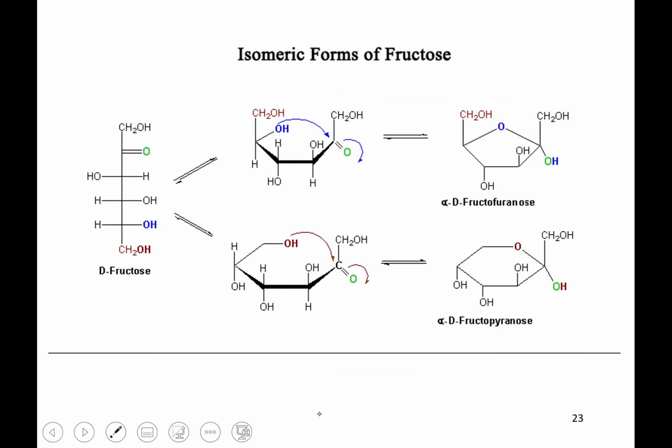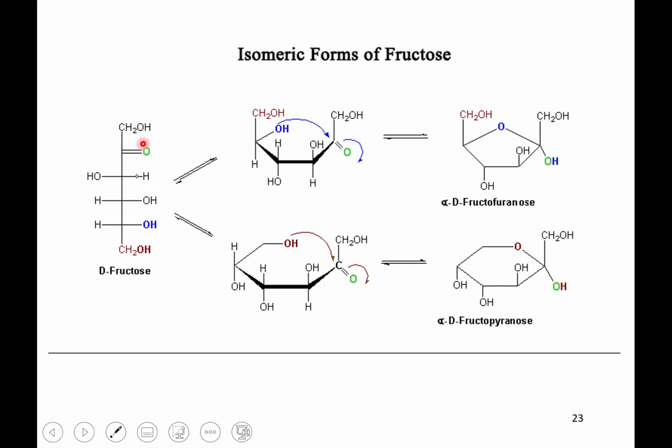You can also do the same thing with fructose. If we look at fructose's structure, shown here, the farthest OH group from the carbonyl group can attack it. What you'll notice here is that for fructose, it's a 6-carbon sugar, but that carbonyl carbon is 1 carbon further into the chain.